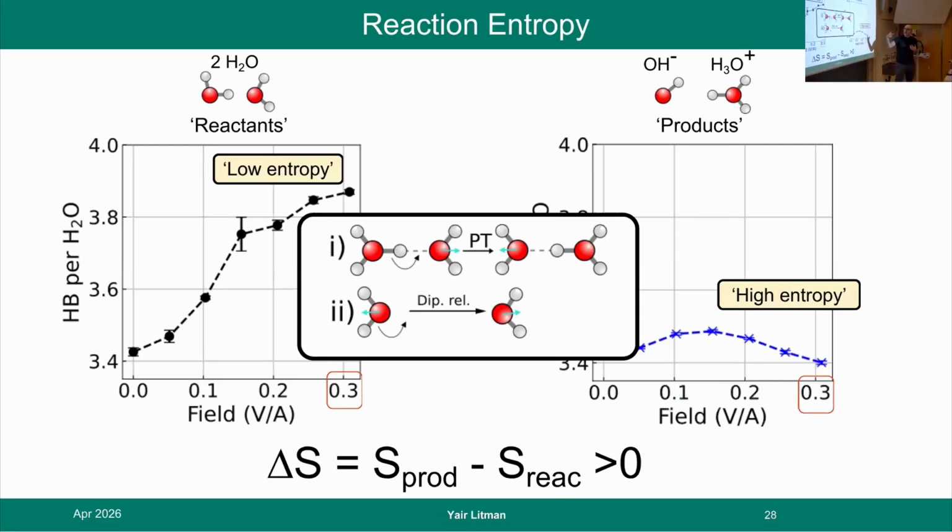That means that this water is unhappy, is unstable, and would like to reorient and to relax to the new orientation. And during this reorientation, it is really breaking all the hydrogen bonds. And if you think that the proton is going a little bit one after the other, that means that this is kind of destroying this hydrogen bond network.